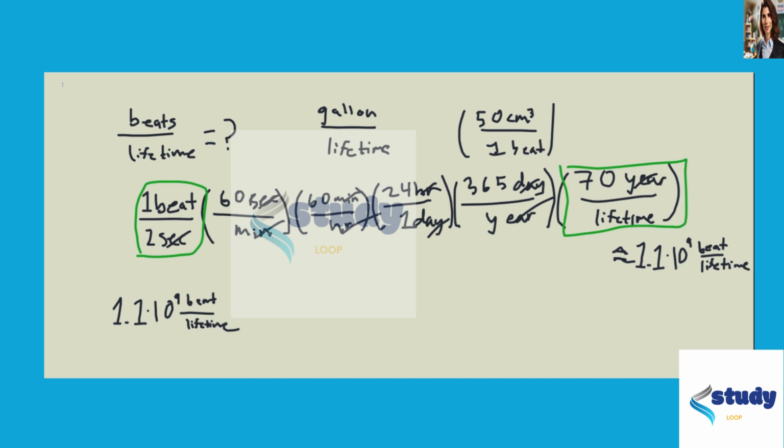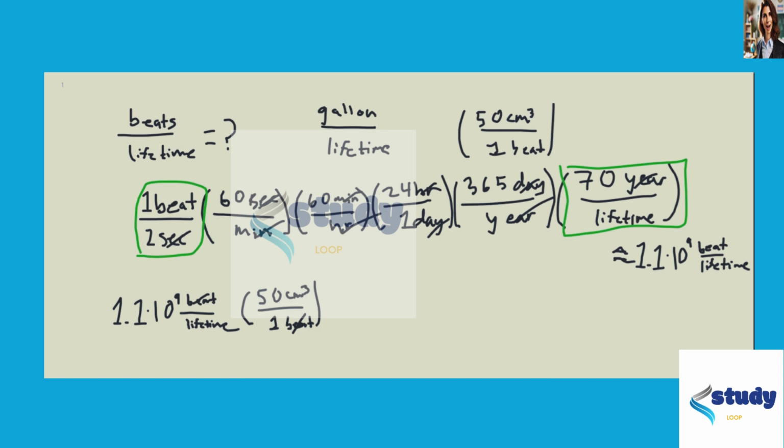And since we're conveniently given this in this form, we can just multiply it by that.